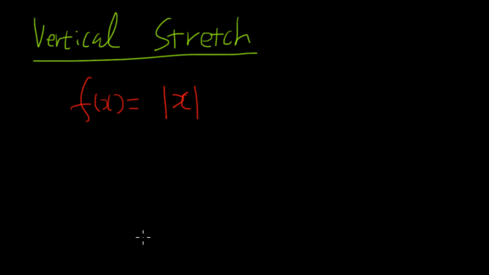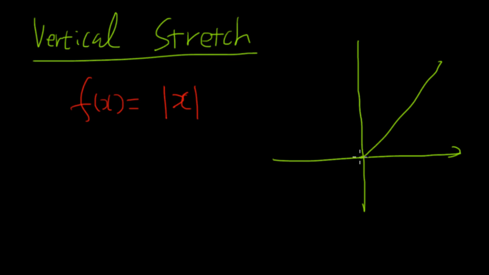This is called the absolute value function. And it looks like this V shape. Right? So for the reference point, let's say if this is 1, that's going to be 1. Right? It's a V-shaped curve. I mean, not curve, straight lines. Right? V-shaped graph.